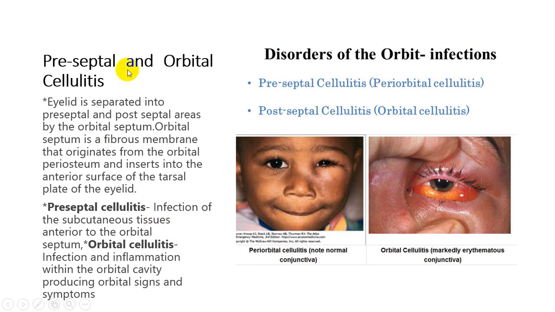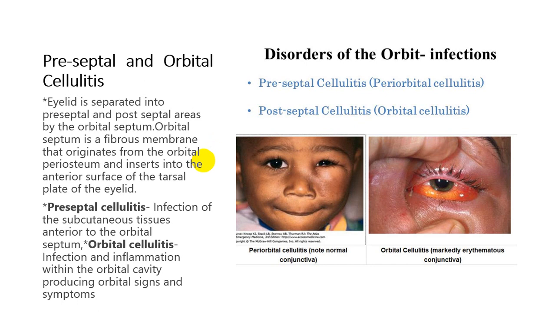And now we'll discuss preseptal and orbital cellulitis. You see there it is preseptal and it is orbital cellulitis. The eyelid is separated into preseptal and postseptal areas by the orbital septum. And what is the orbital septum? It is a fibrous membrane that originates from the orbital periosteum and inserts into the anterior surface of the tarsal plate.